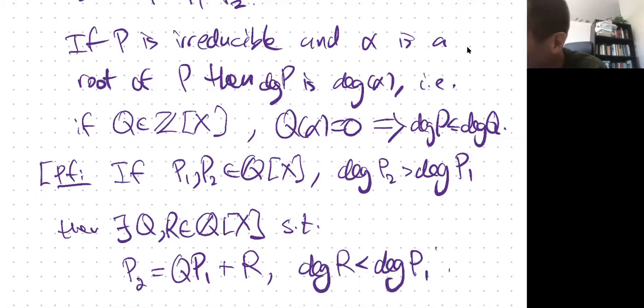And you play with this. So getting back to this statement here, if you did have such a Q, you'd play with this fact using P1 and P2 instead of Q and P1, and then you get another, and you plug alpha into this entire formula, this will be 0, this will be 0, and therefore this will be 0, and you will have come up with a smaller degree polynomial for which this is true.